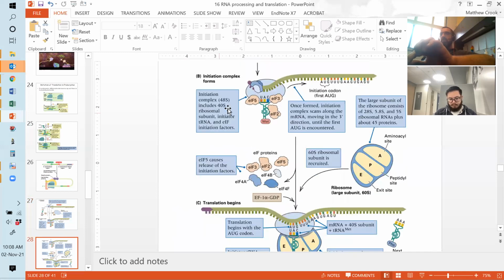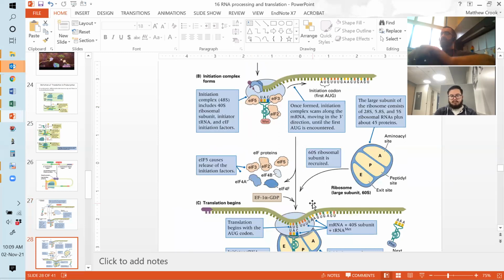That's basically shown here. So the complex forms, and now it scans along the mRNA until that tRNA base pairs with an AUG based on the anticodon of that tRNA.